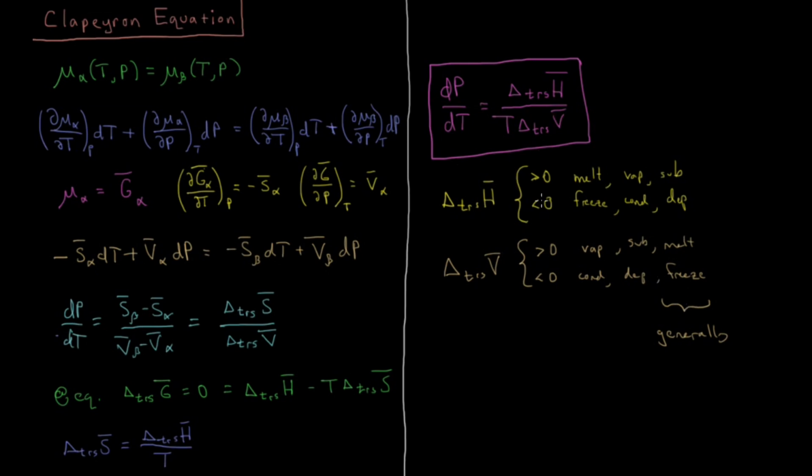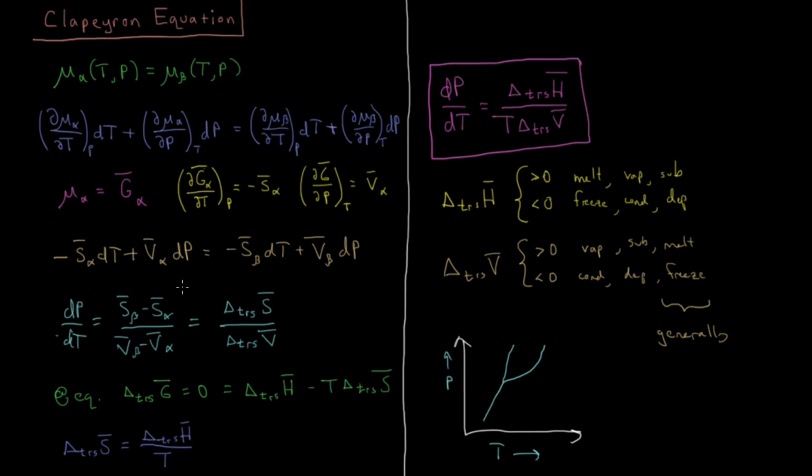But what you'll see is generally these are all the same sign. If this is positive, this is positive. If this is negative, this is negative. So generally your transition enthalpy and your transition volume have the same sign. So that's why, in our phase diagram, as we look at the pressure and temperature, things like our solid-liquid and our solid-gas coexistence curves generally have positive slopes of pressure with respect to temperature.